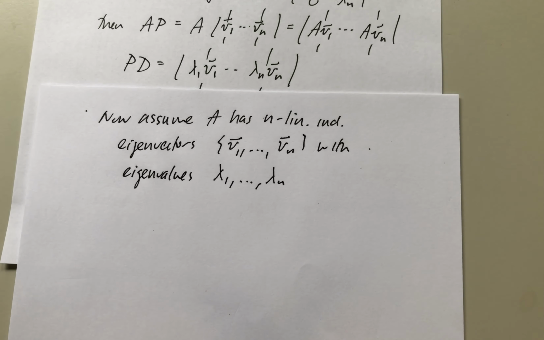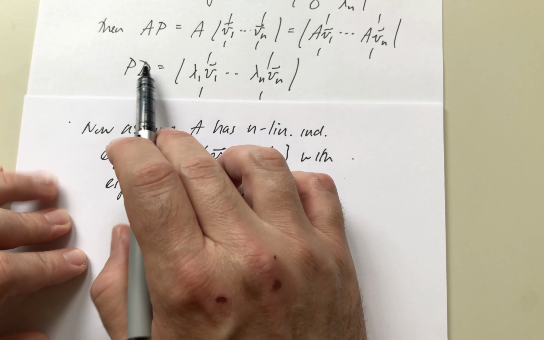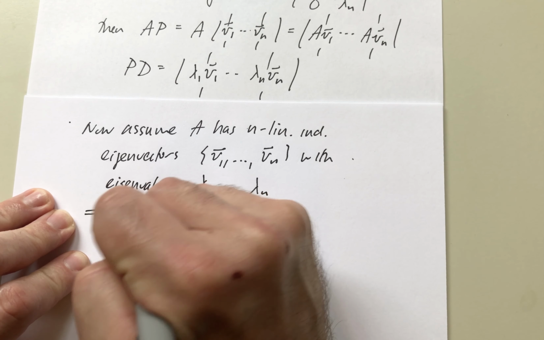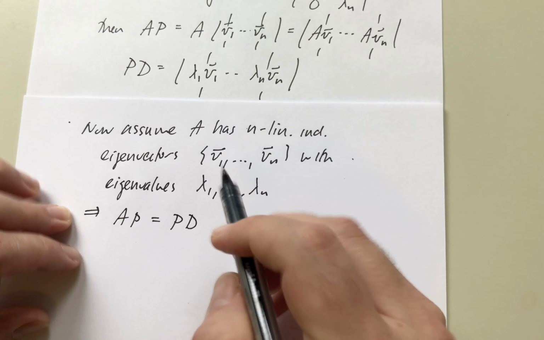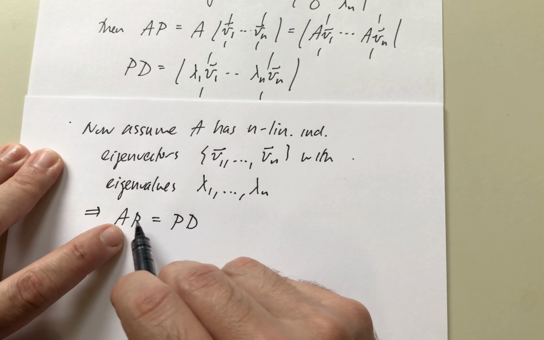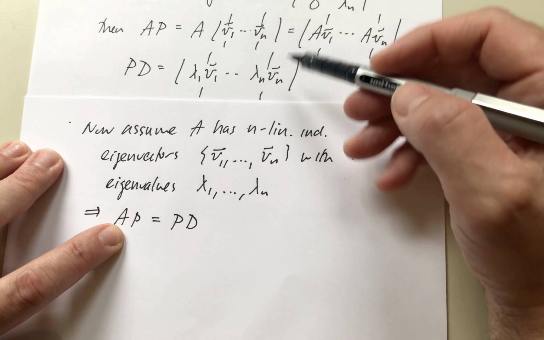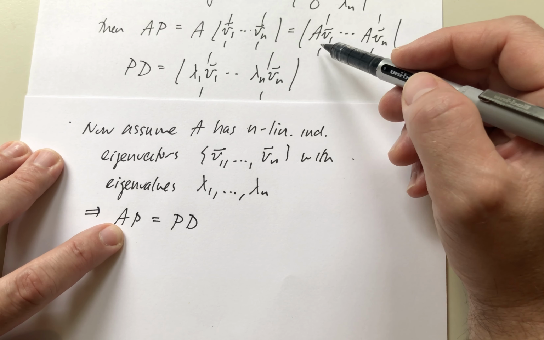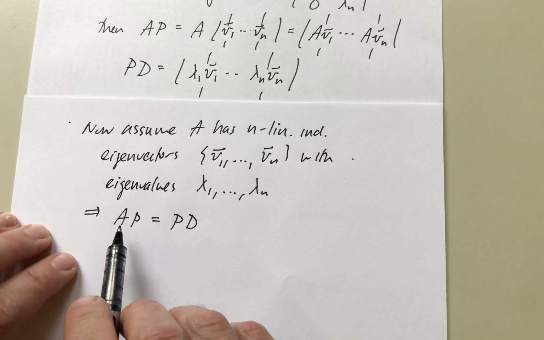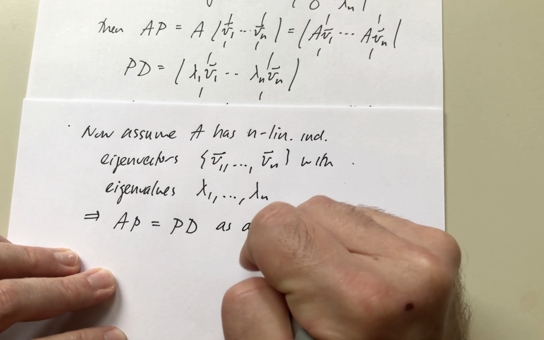Then what do I have? Going back to my scratch work, this implies that AP equals PD, because if I make the matrix P consisting of these eigenvectors, as above, this will always be satisfied. Since Av1 equals lambda 1 v1, because I'm assuming they're eigenvectors, this tells me that AP equals PD.